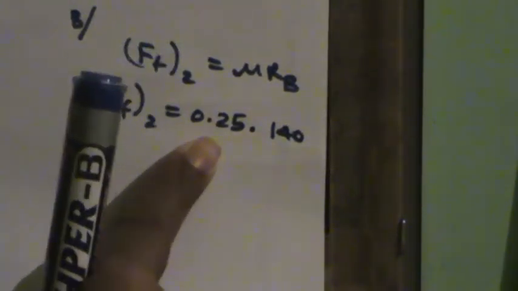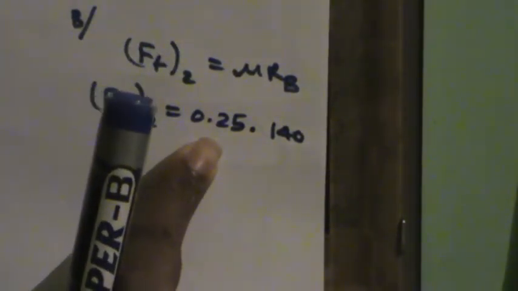For B, Ff2 is equal to mu Rb. Mu has been given as 0.25 and Rb we found to be 140. So 140 times 0.25 is 140 times 1 upon 4, which is 35 newtons. So Ff2 is 35 newtons.